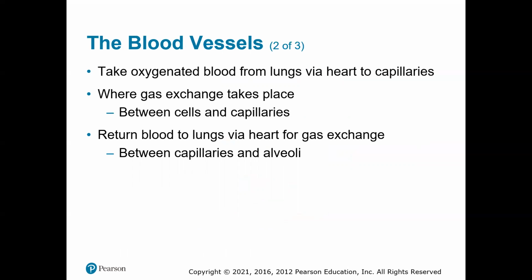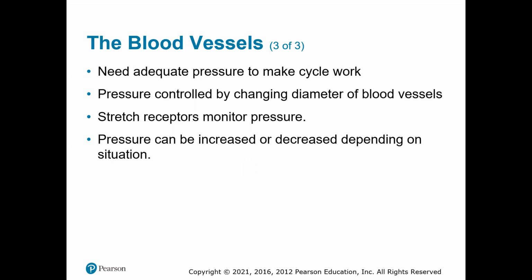Then it returns this blood back to the lungs and then the heart for that gas exchange. This all happens between cells and capillaries, and between the alveoli and capillaries. We do need adequate pressure to make this work.